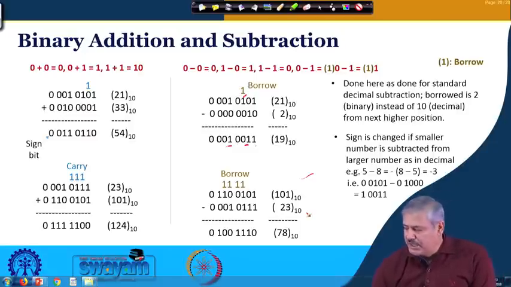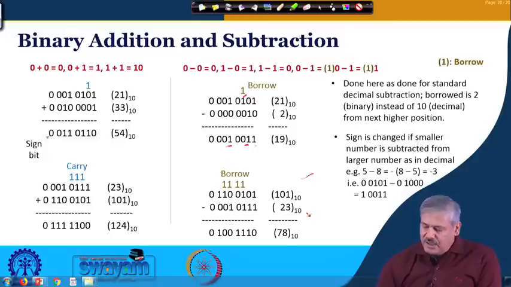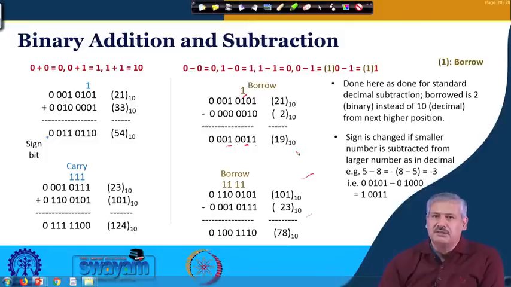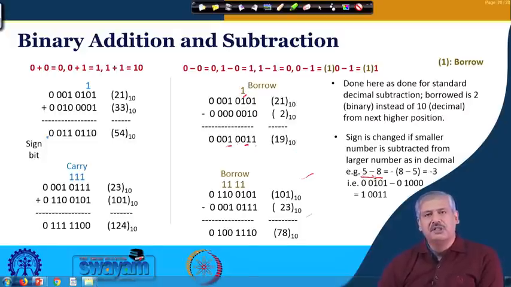And when a larger number is subtracted from the smaller number, as is the case of, say, an example 5 minus 8, what do we do in normal decimal subtraction? We put a minus sign and subtract from the larger number.